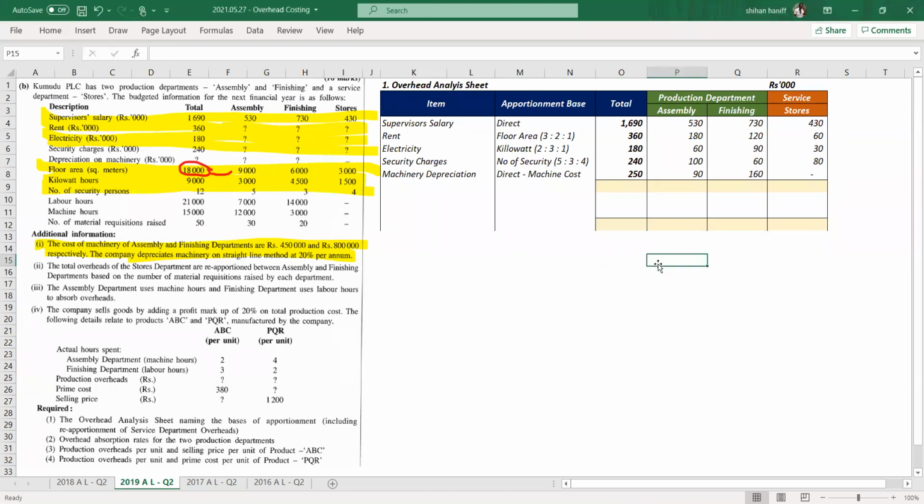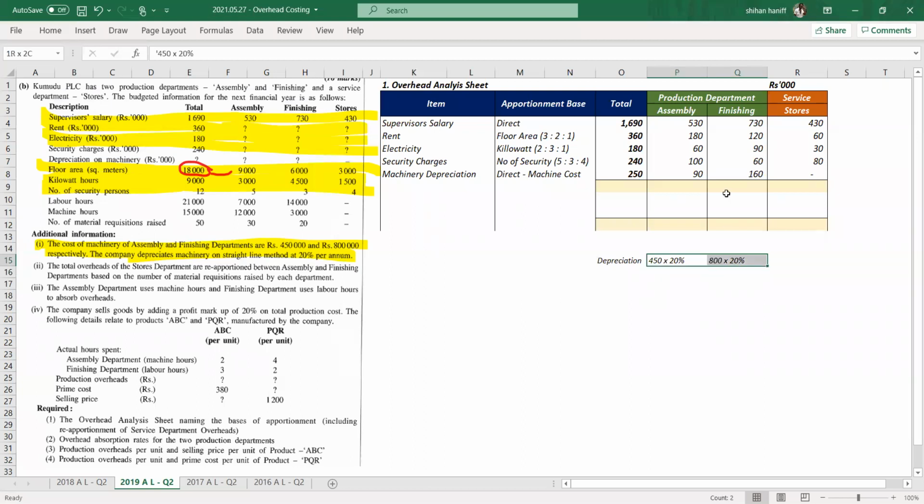Now there is a question, how do we find the depreciation? Assembly department has an asset of 450,000 into 20%. Finishing department has an asset of 800,000 into 20%.